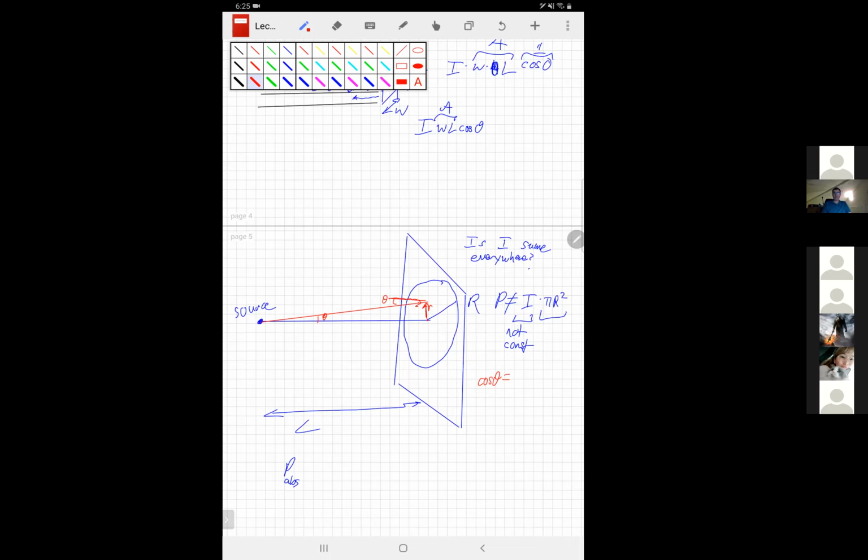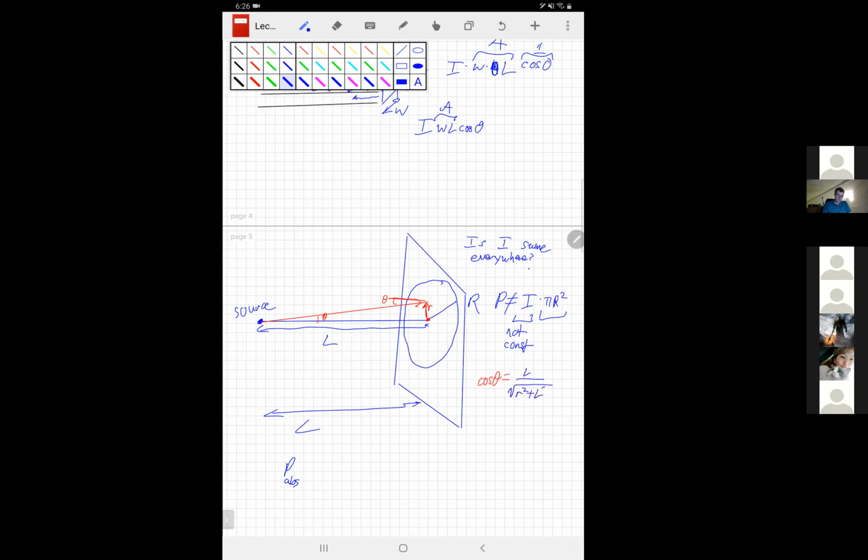You tell me, what's cosine theta when we set up this problem? I'm a distance r from the center, and the point source is a distance L from the surface. You're asking for cosine theta? Yep. Then it would be L over the square root of r squared plus L squared.